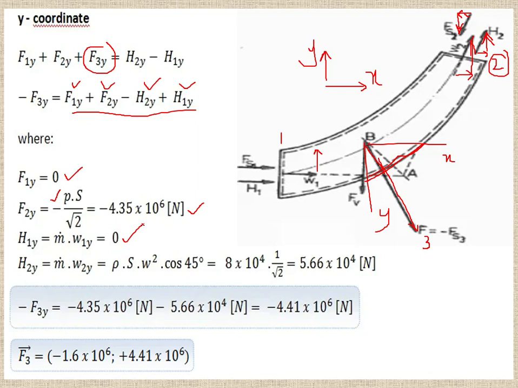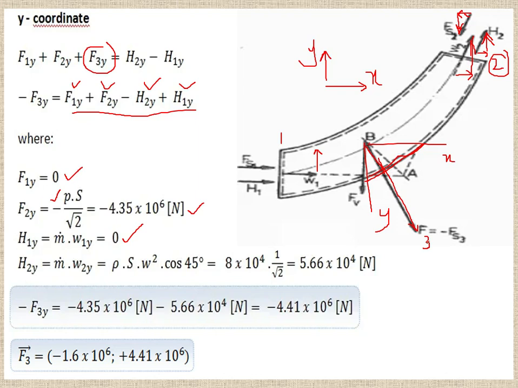Now move on to point 2. At point 2 we have a component of the velocity V2. So mass flow rate multiplied by the component of velocity, which is cos 45. If you solve them together, finally you will end up with the value 5.66 times 10 to the power 4 Newton.